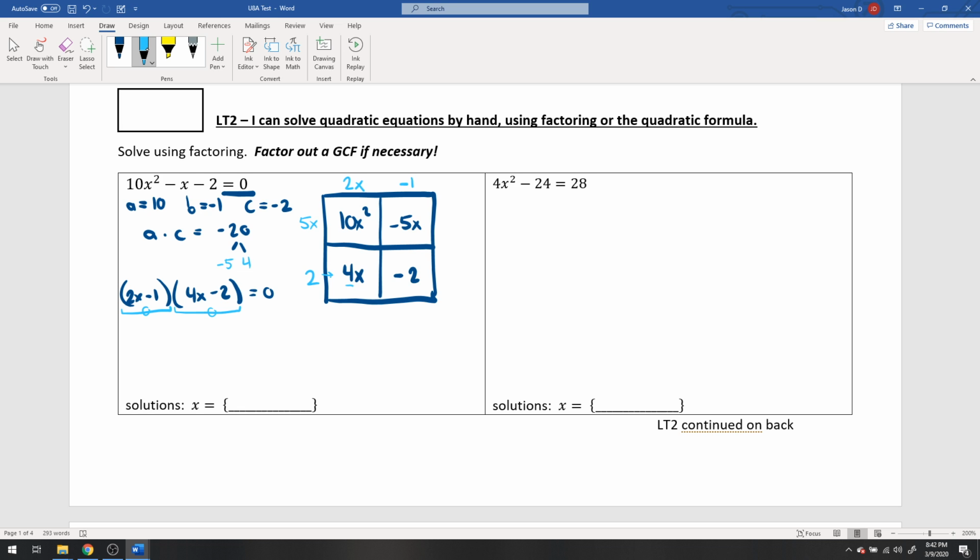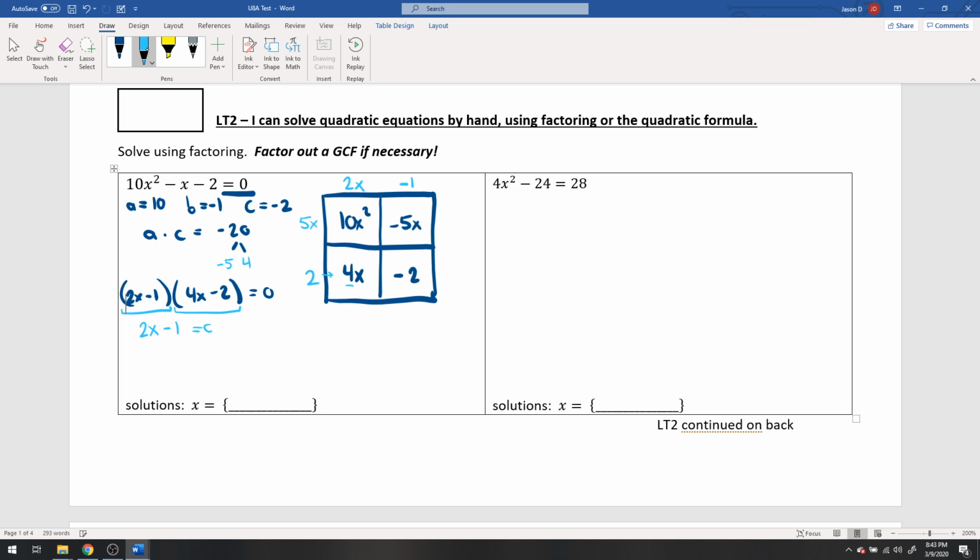It's got a fancy name called the zero product property, but I imagine that's probably obvious to most of my students, that if you multiply two things together and it equals 0, one of them has to equal 0. So we'll break it apart like this.